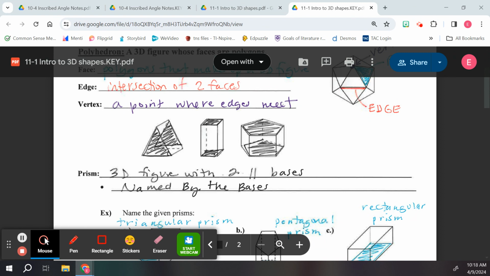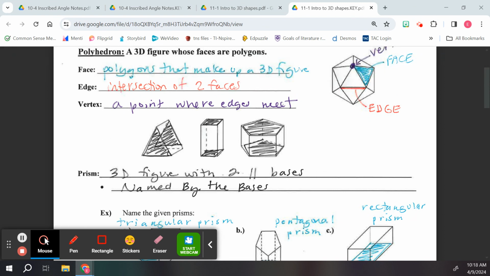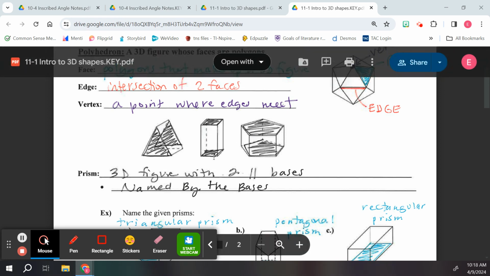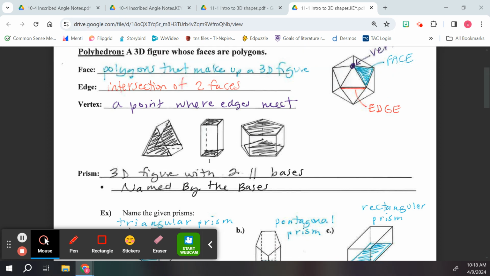If we look at this, it would be known as a triangular prism because the triangle makes up the shape. This one would be probably a square or rectangular prism depending on what you're given. But again, this shape and this bottom shape make up the name. This would be a pentagonal prism because the pentagon is the main shape. Okay? Questions on this?